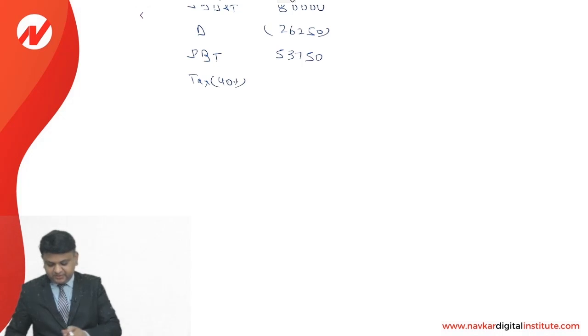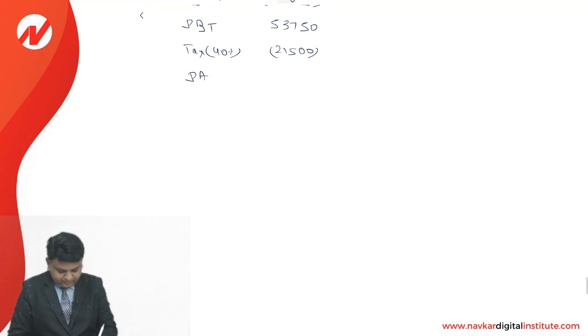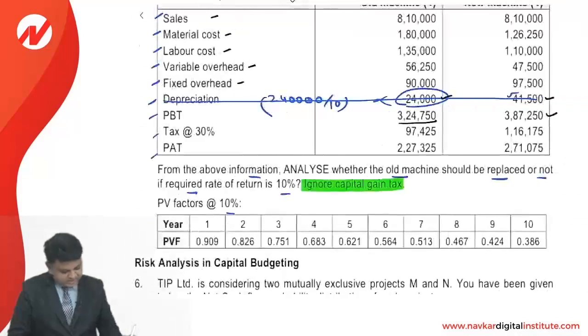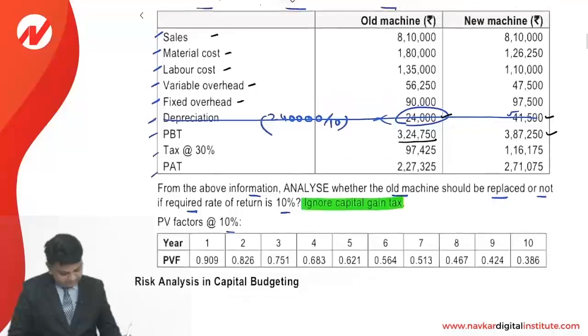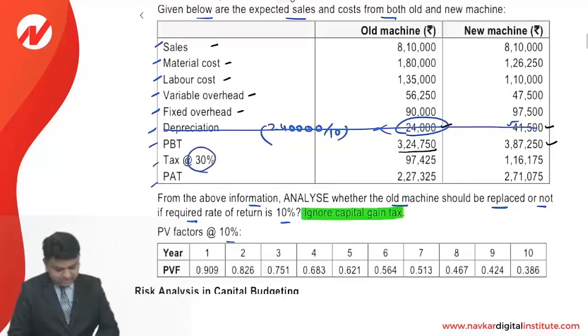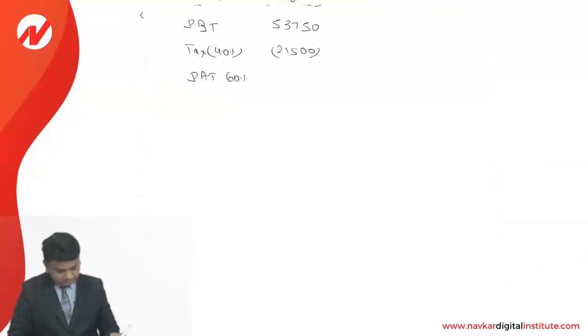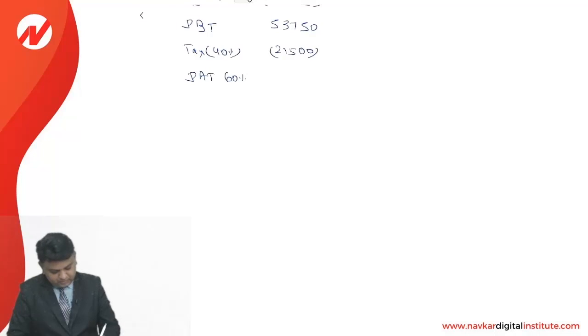Income tax rate is 40%. So the tax is 21,500. So profit after taxes is 60%. Oh, tax rate is 30%. So 53,750 into 30%. So the tax amount is 16,125.